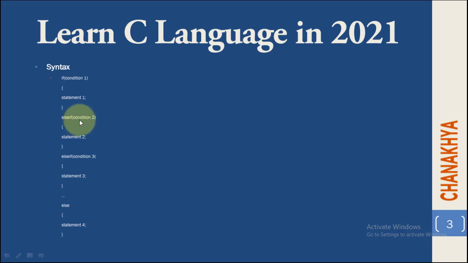So this is our first condition, then within the else if we check for the second condition, and here again else if we are checking for the third condition. According to the conditions, their body will get executed. If none of the conditions turn out to be true, then the body of else will get executed. This way we use the if, else if, and else control statements in C programming.